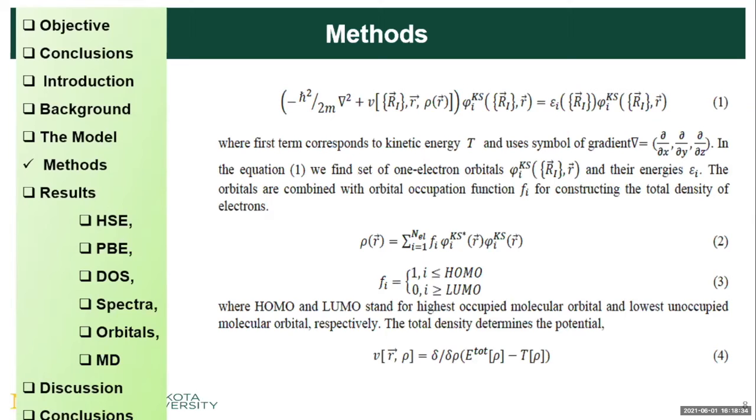So here this v is determined as the functional derivative of the total energy with respect to the variation of the total density, which includes the interaction of the electrons with ions, the Coulomb interaction, the correlation between the electrons, and obviously the exchange interaction as well.